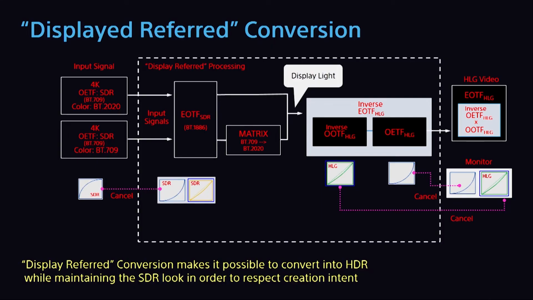And then that display light is how that SDR commercial looks. And I need to get it all the way to my house. Then I will cancel the operations in my TV set at home before I transmit. Then those two blocks will cancel the operations of my TV. By doing that, you are transmitting an SDR commercial inside an HDR transmission channel, maintaining the creative look of the commercial.